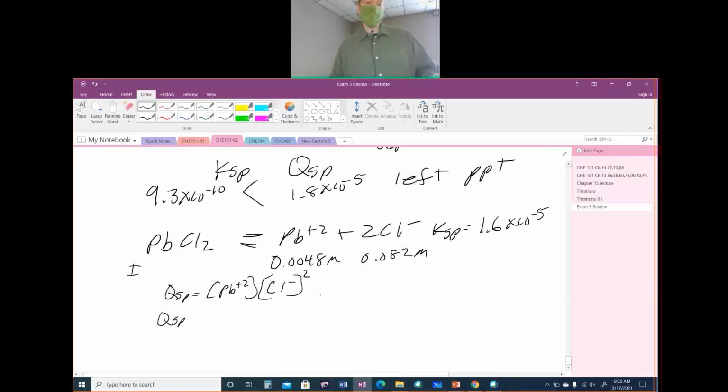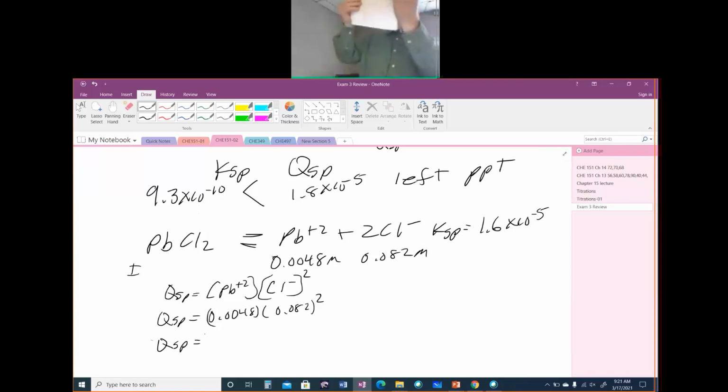So your QSP, you just plug in your numbers, 0.0048 and your 0.082 quantity squared, and you get your QSP equal to 3.2 times 10 to the minus 5.